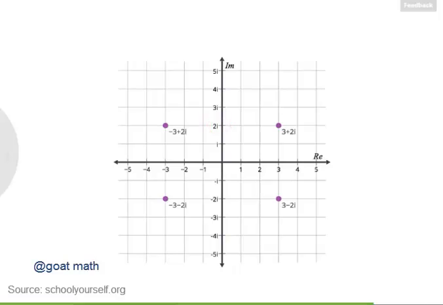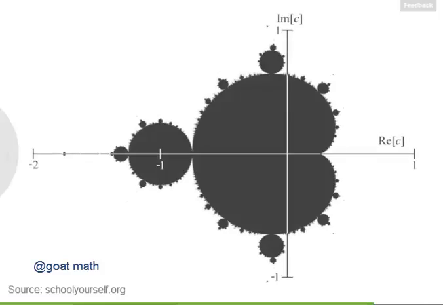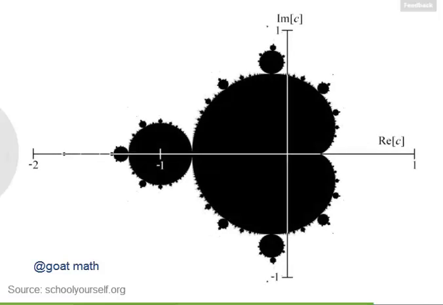As you'll see in a later lesson, the complex plane comes in really handy when multiplying complex numbers using what's called polar form. And the complex plane is also related to many fractals, like the Mandelbrot set shown here. You might have seen the Mandelbrot set before, which has this peculiar shape.